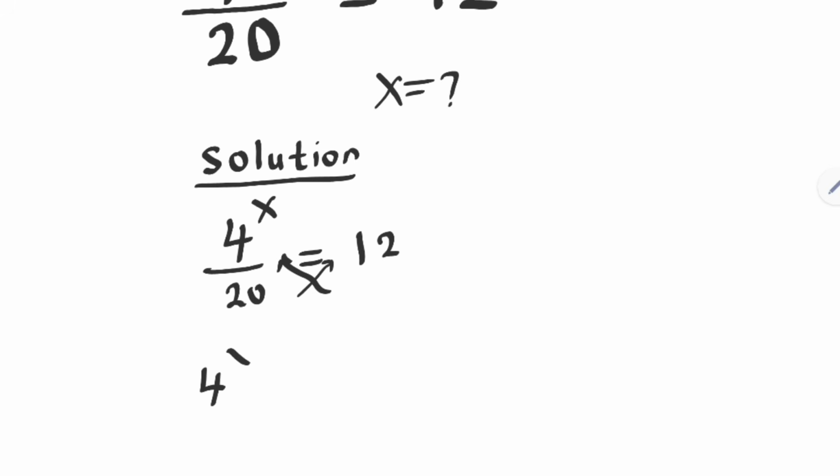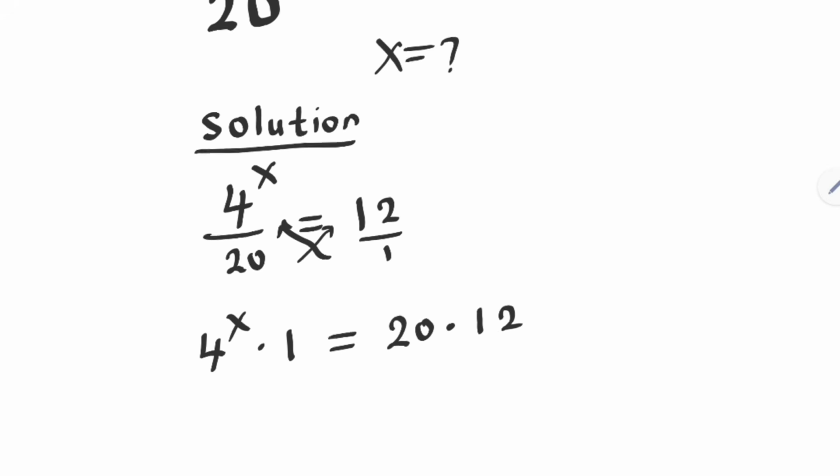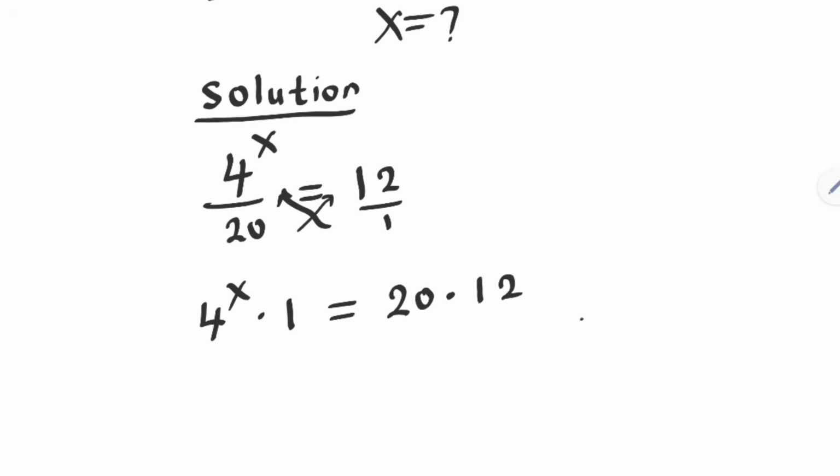4 raised to power x, this is over 1, multiplied by 1 is equal to 20 multiplied by 12. Note 20 is equal to 4 multiplied by 5.